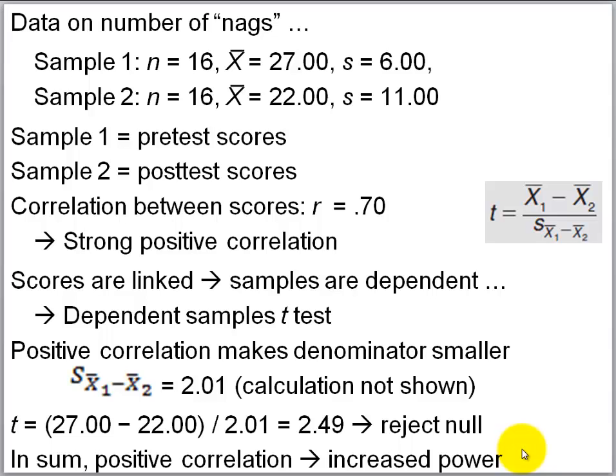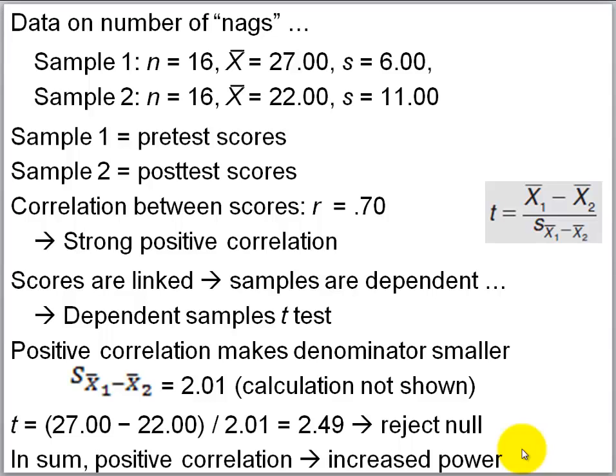And this is not a course on research design, but as a general strategy, it is a good idea to get pre-test data and post-test data if you can. In essence, when you carry out a dependent samples t-test or other related procedures, you are basically controlling for noise that relates to the pre-test situation, and you control for that noise.